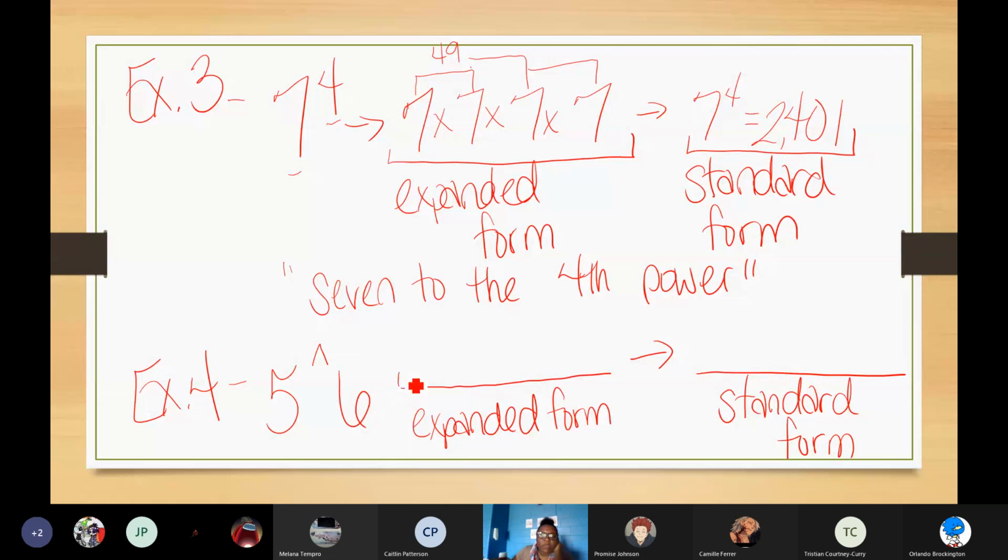Take some time to write this exponent expression in expanded form and in standard form.